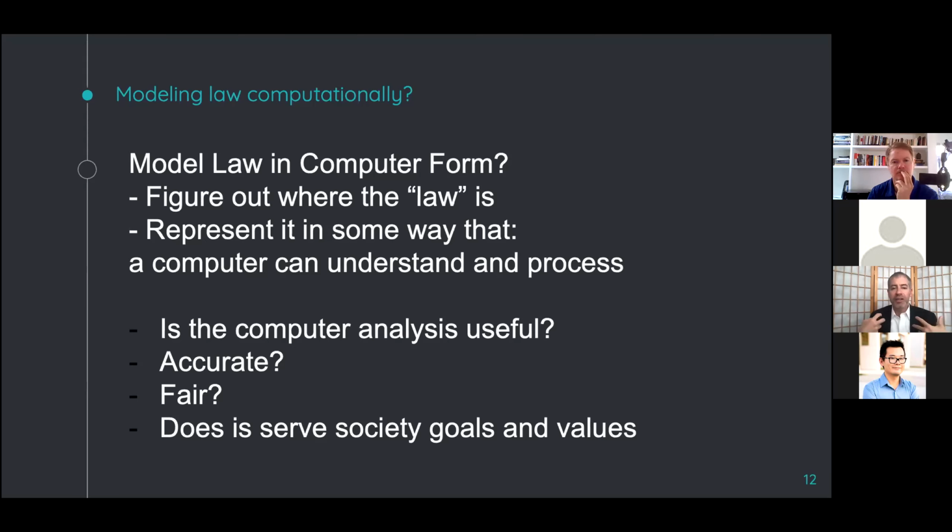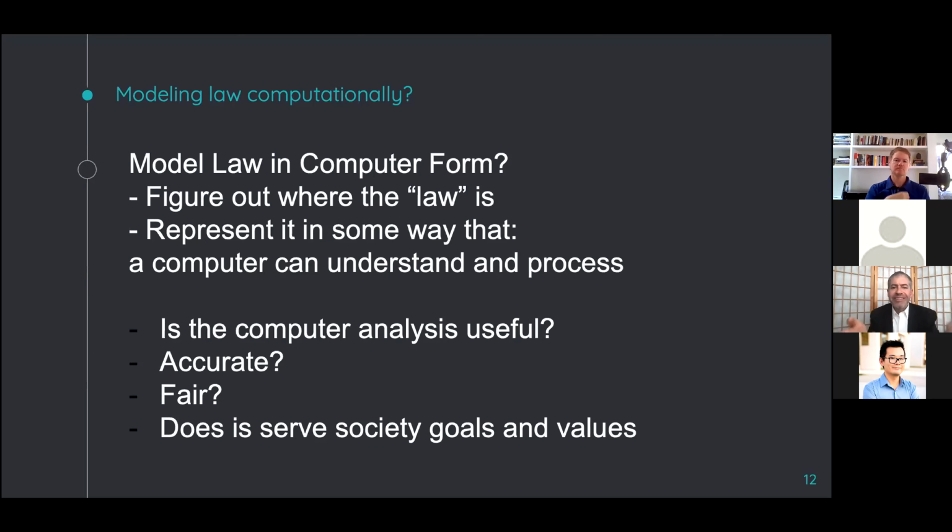How do we represent it in the computer system? How are we doing that? What's the actual technique that we're using? And then how do we know that our representation is good, actually accurate, is useful? Will it be handcrafted programmer statements that we think model the law?